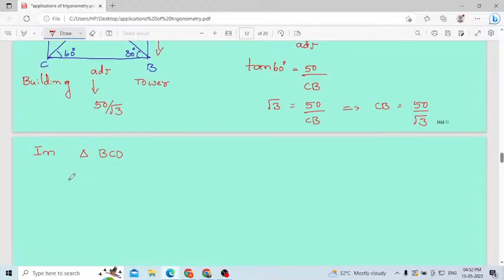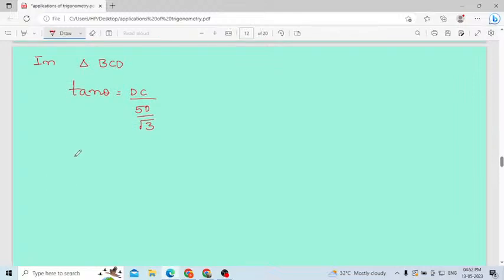Therefore tan theta equals opposite, DC, we don't know, as it is only. Then adjacent we got the value 50 divided by root 3. Then tan 30 degree equals DC into, take the reciprocal, you will get root 3 divided by 50.